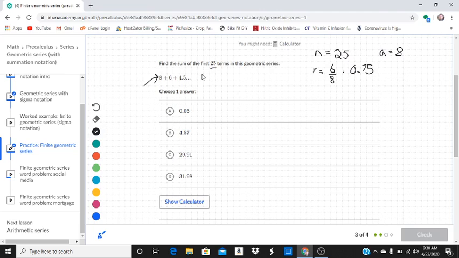Now it's just plugging in to the formula. The sum of 25 terms equals the first term 8 times 1 minus 0.75 raised to the 25th power, over 1 minus 0.75.